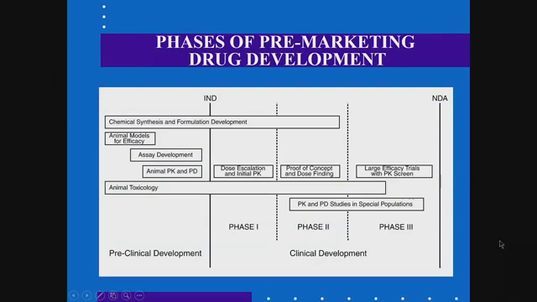Now, this is a schematic of pre-marketing drug development. You see here the phase of preclinical development. We have animal models, we have assay development, we study pharmacokinetics and pharmacodynamics in animals. We, of course, begin to study animal toxicology in the short term and the long term if the drug is intended for chronic use.